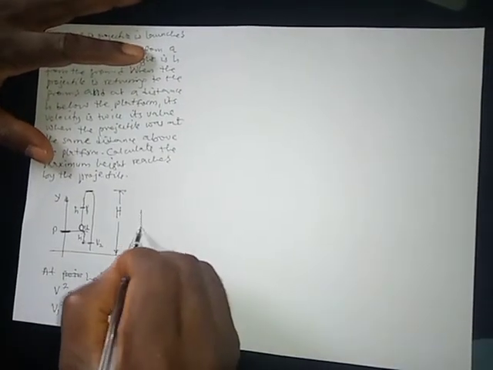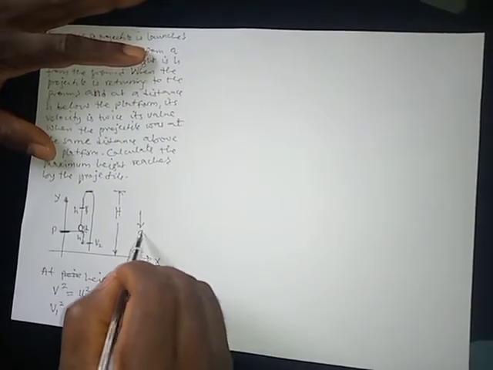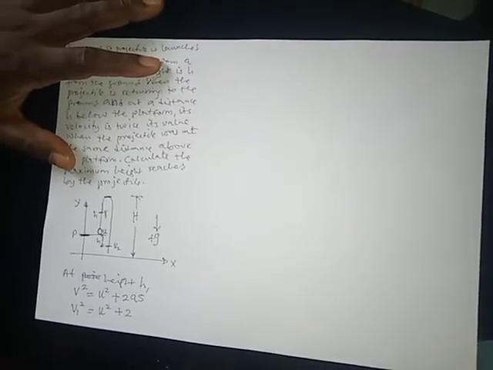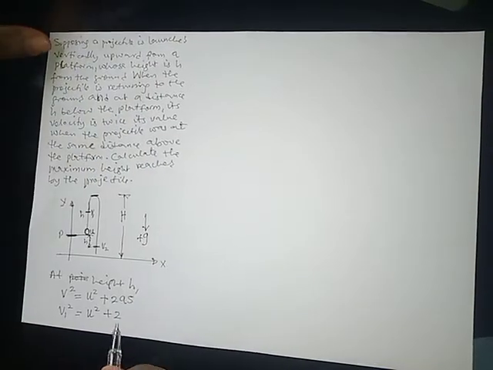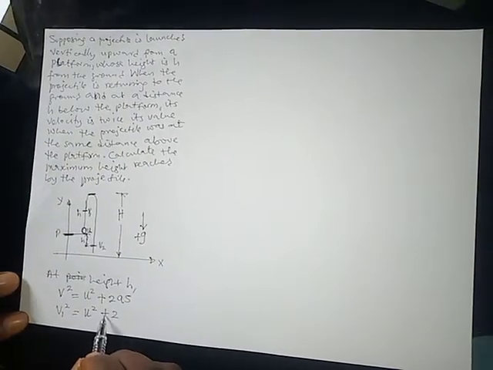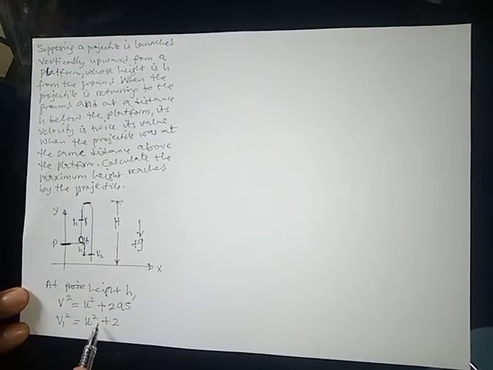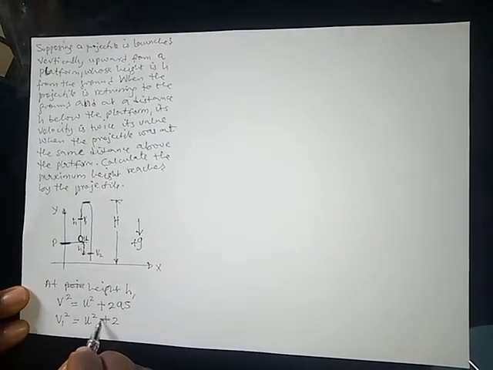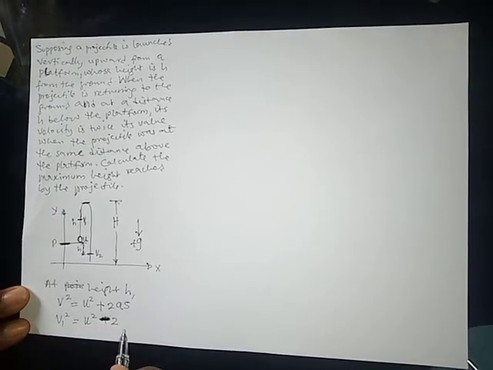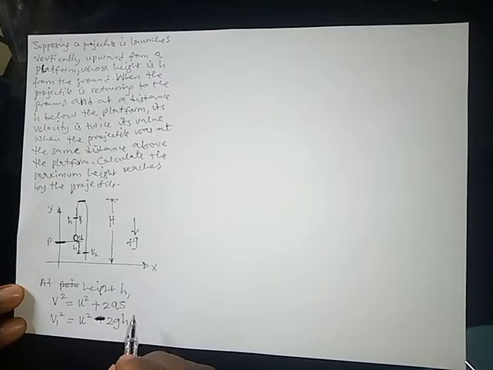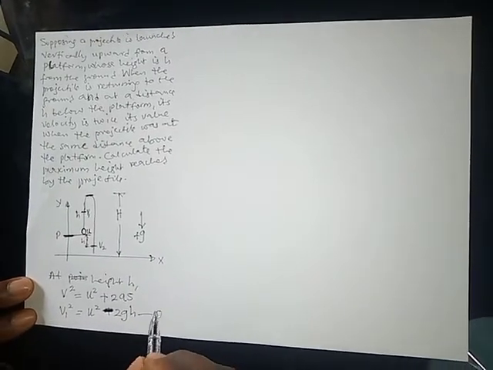The acceleration due to gravity g is positive while the object is coming down. And so since the object is launched vertically upward in this regard, this plus is minus, that is minus g multiplied by the distance h. So we call this equation 1.